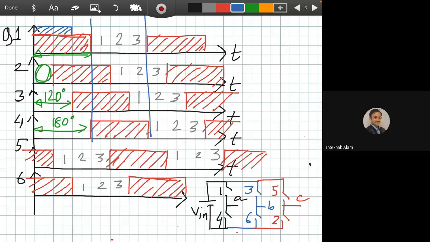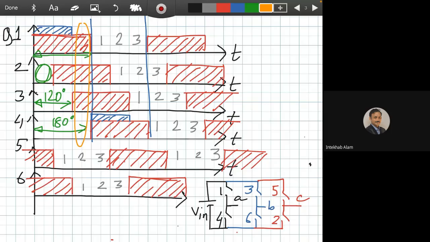And Q4 will start from here and end in here. So in this zone, no one will be on. Q1 will be off, Q4 will also be off. Q2 and Q3 may remain on, that's a different issue, but in this zone Q1 and Q4 are both off.